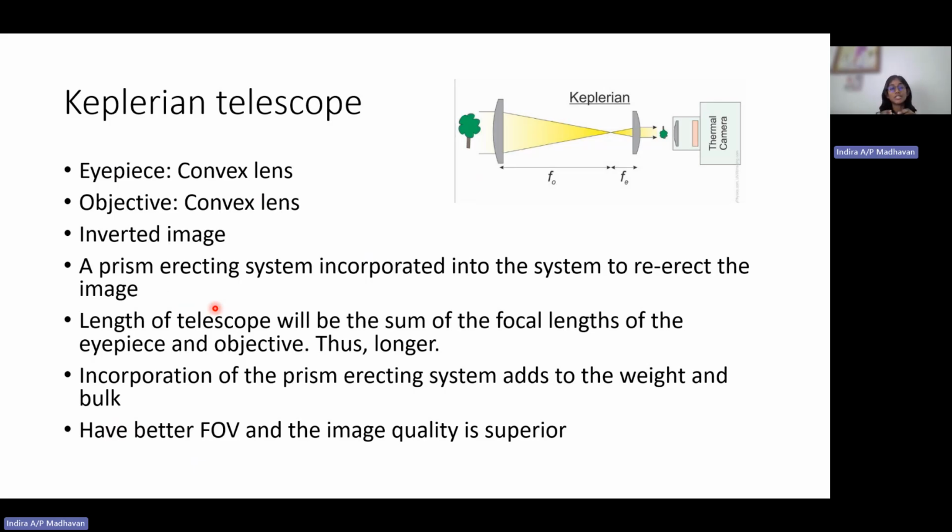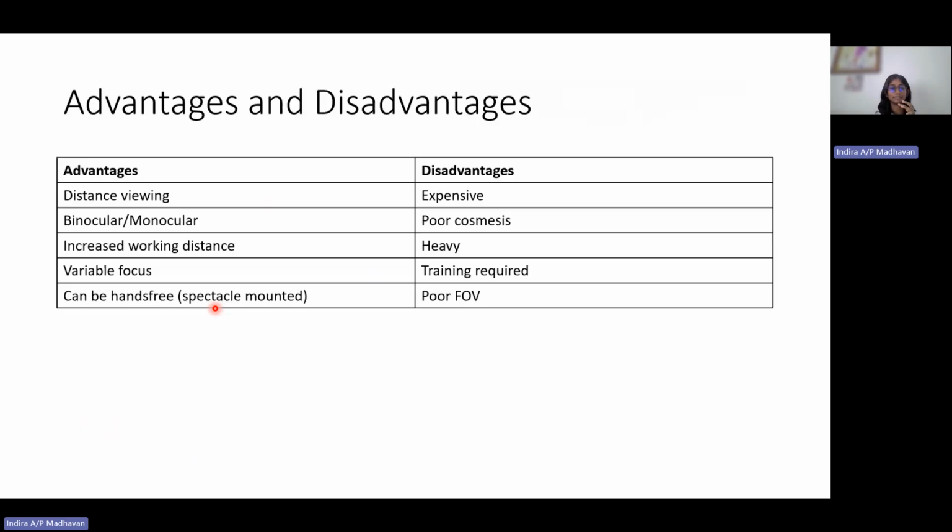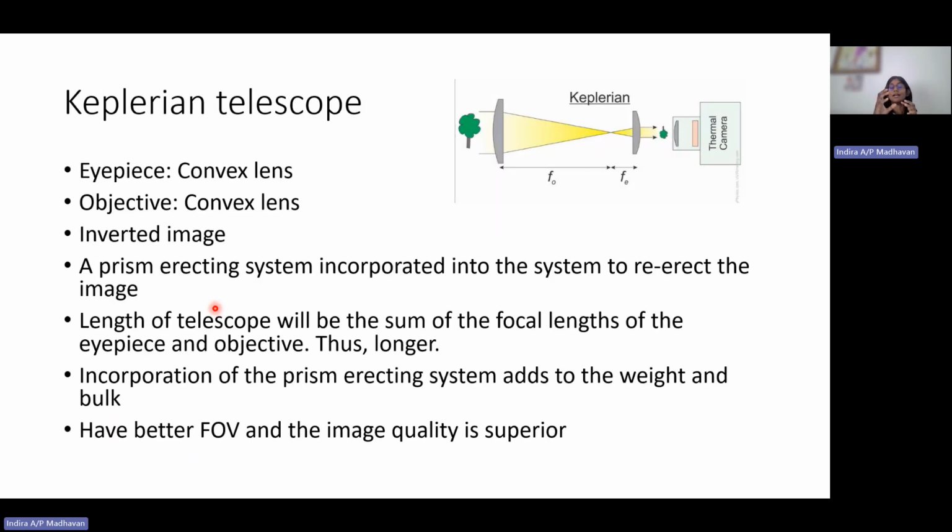So the original image produced by the Keplerian telescope will be inverted. Then a prism is placed in the Keplerian telescope to re-erect the image so that it looks exactly as what we see with the naked eye. The length of the telescope will be the sum of the focal lengths of the eyepiece and objective. That is the reason why Keplerian telescopes are usually longer.